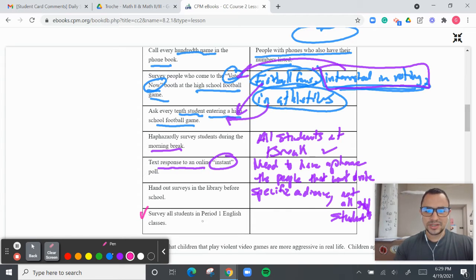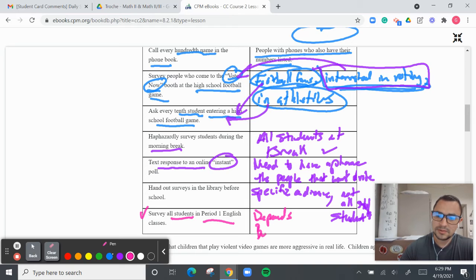Survey all students in period 1 English classes. Yeah, you can. It does represent, if it's all students in period 1 English classes, but maybe not everyone is taking English first period. Maybe some students don't take English first period, so you're only getting a specific part of the students. So it depends. If every student has to take English first period, that's fine.